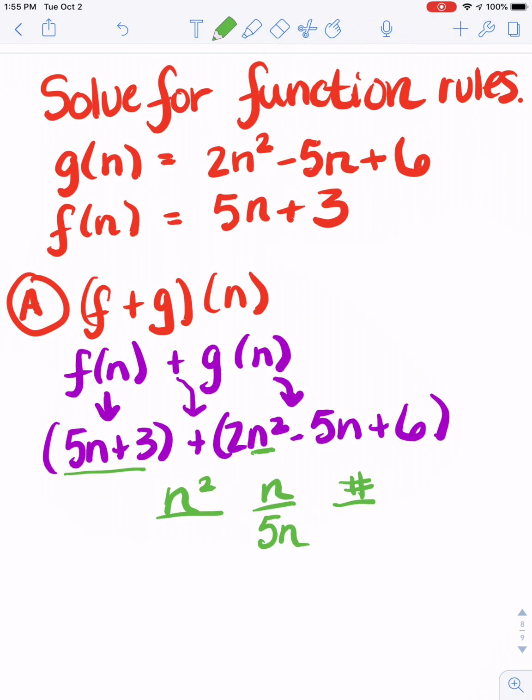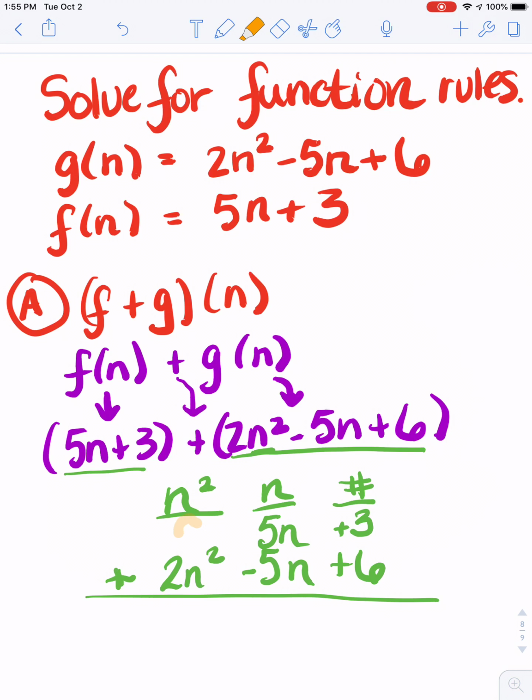So 5n goes in the n column, and the positive 3 goes in the number column. Then I'm going to start to put these in. So second row now, 2n squared minus 5n plus 6.